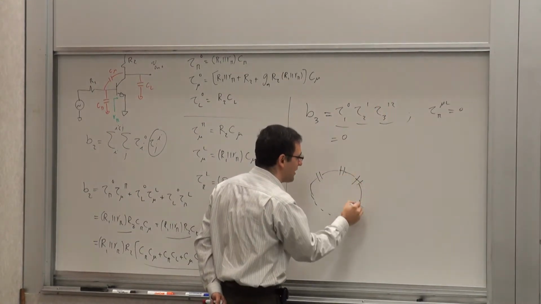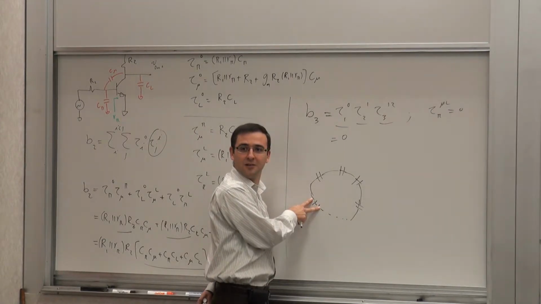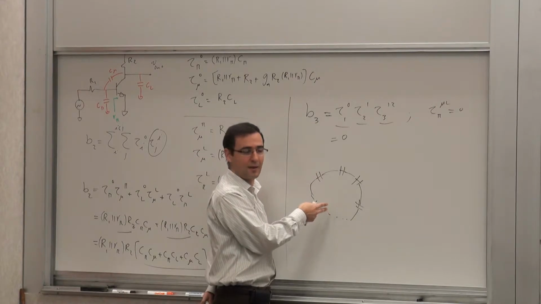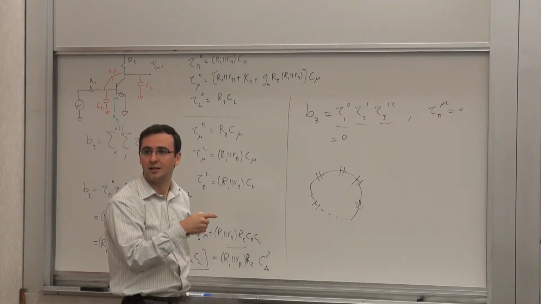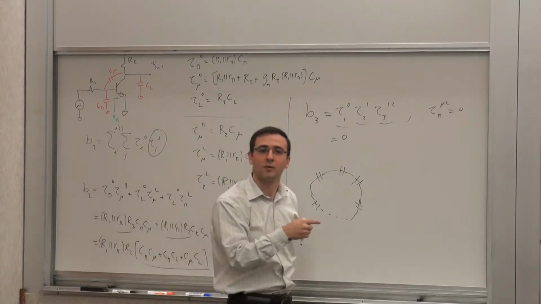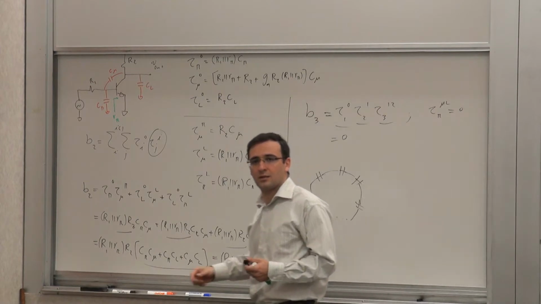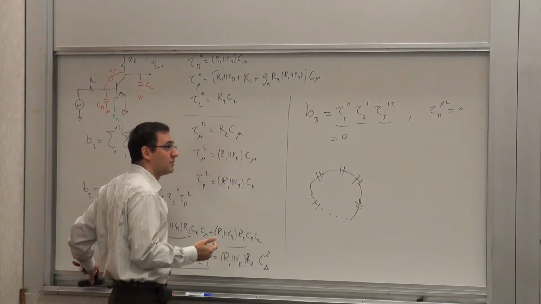So you're shorting n minus 1 of these and asking what is the resistance seen by the nth one? It's always 0. Therefore, whenever you have a capacitive loop like this, you reduce the number of poles by 1, because you reduce the order of the denominator by 1. Because then, as in this example, B3 becomes 0.